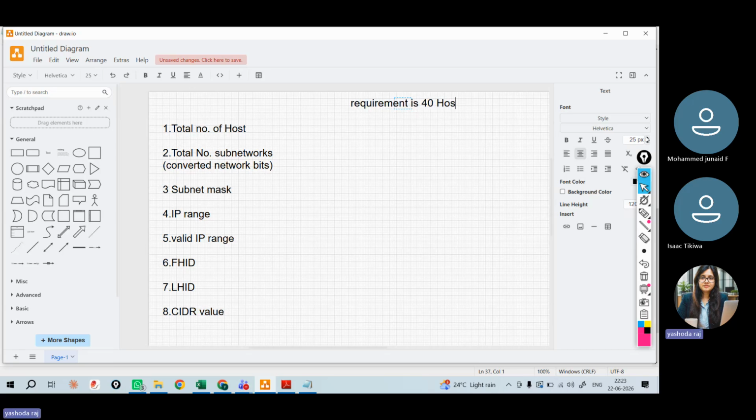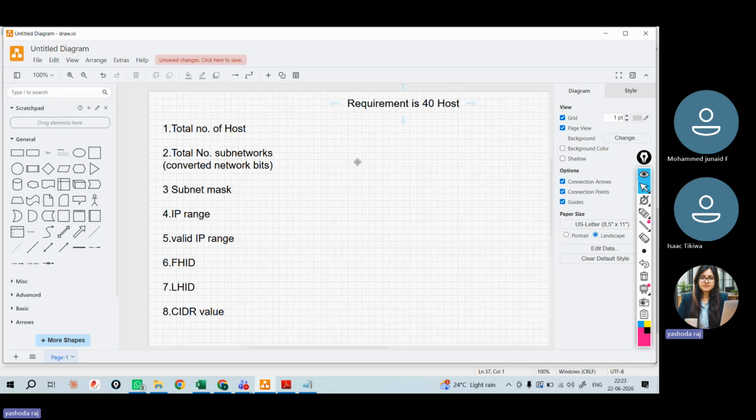Shall I take 40 hosts? Okay. Now how to calculate this?